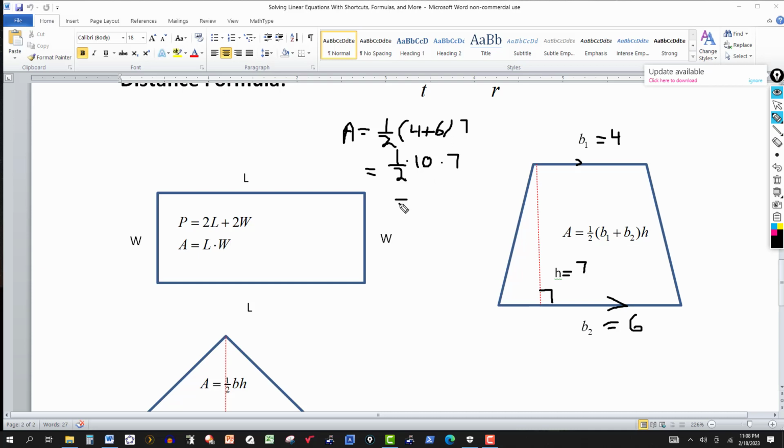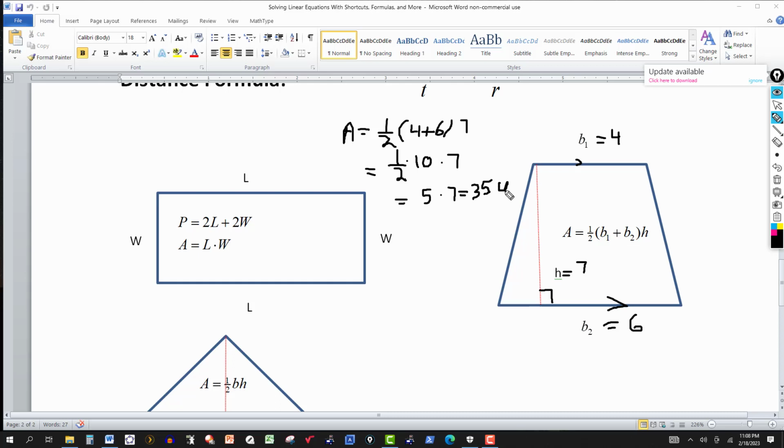Now, you could multiply the 10 and the 7 and then take half of that. Or you can just multiply the half and the 10. So 1/2 of 10 is 5. And then that's still times 7. So that's 35.